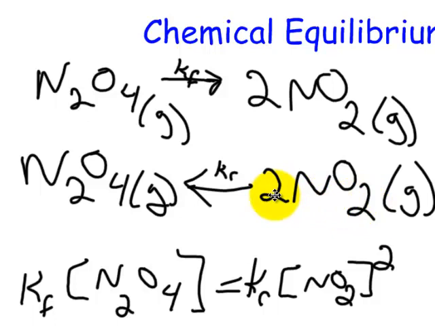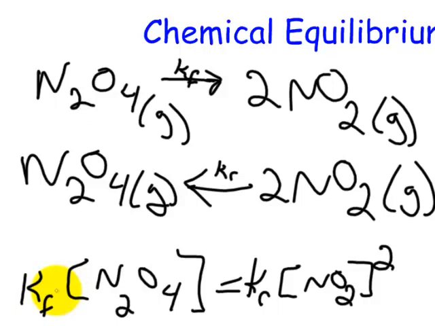And remembering the video, the two rates are equal. If I am at equilibrium, the rate of the forward reaction must equal the rate of the reverse reaction. This equation is always true at equilibrium. The rate of the forward reaction equals the rate of the reverse reaction.